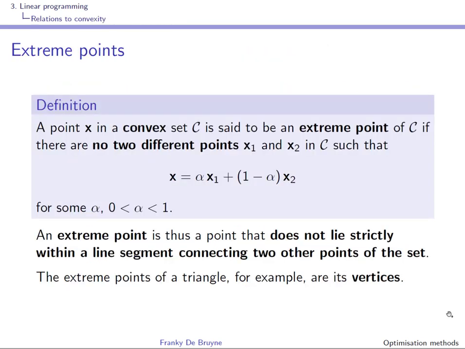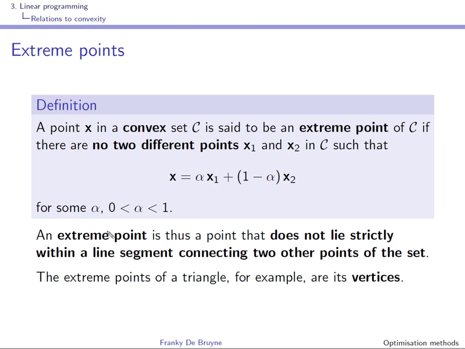In the next few slides, we want to make the link between this concept of a basic variable, which is a kind of algebraic notion, and something that is geometric in nature. The geometrical concept that we need is the concept of an extreme point.